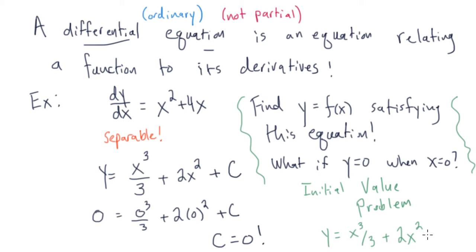So in other words, I've found the specific antiderivative satisfying this separable differential equation that also satisfies this initial condition, that y equals 0 when x equals 0. That's what a typical initial value problem entails doing.